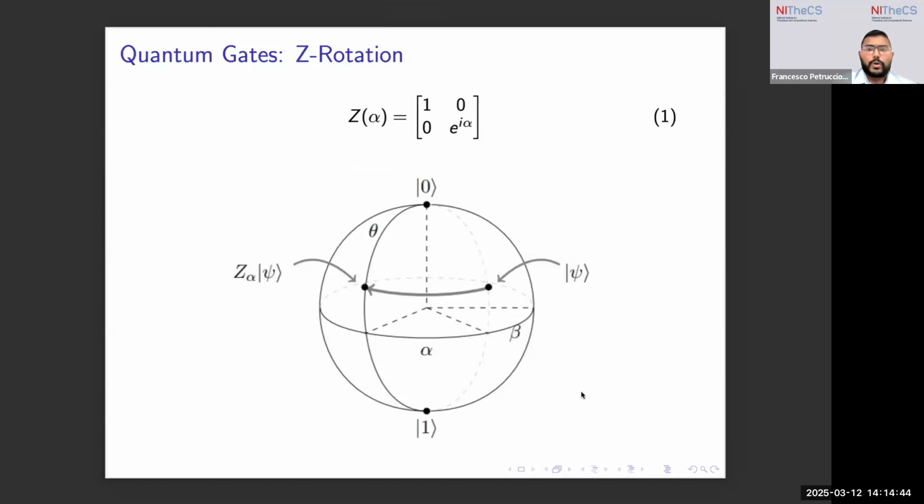So what operations or gates can we do on states of qubits, or states of our Hilbert space? We can rotate about the z-axis as shown by this diagram here, and it's also represented by the matrix on top.